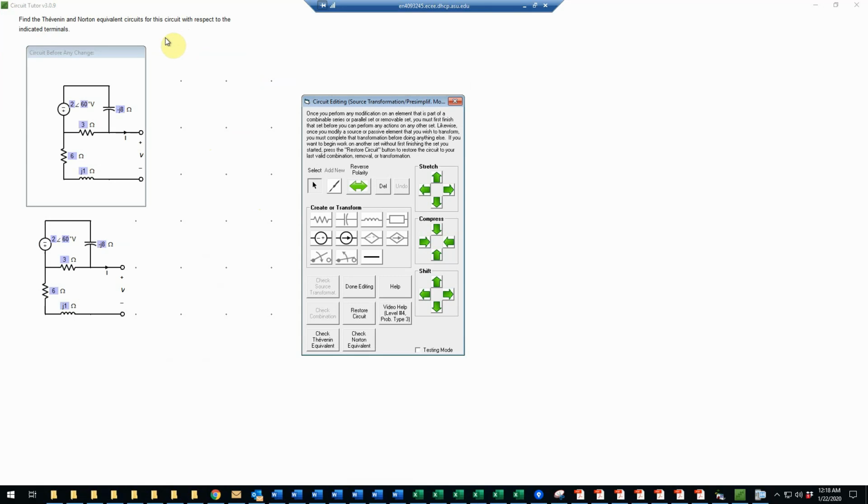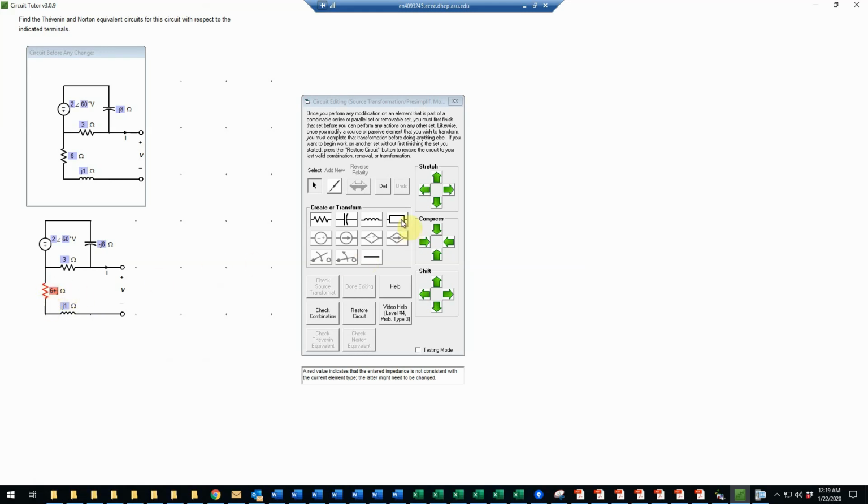Okay, so now the first thing I'd like to do is to combine these two elements that are obviously in series, the 6 ohm and the J1 ohm. So let's just add that, and I'll just make the 6 become 6 plus J1. Don't need a calculator for that. Or 6 plus J really is good enough. Now notice that that's red, and the reason is that a resistor cannot have a fully complex value.